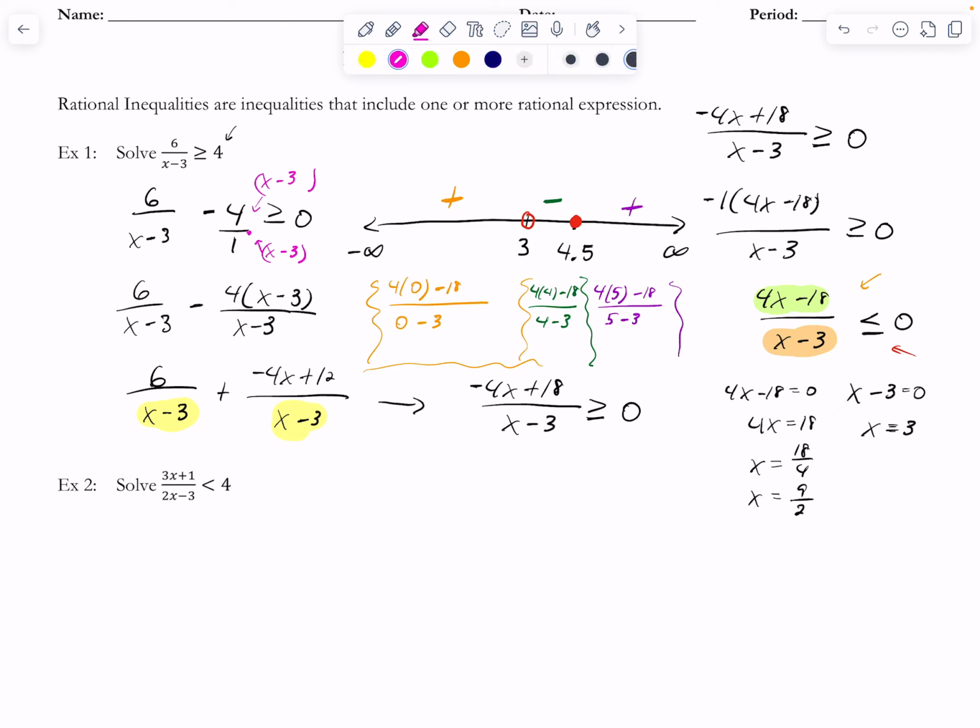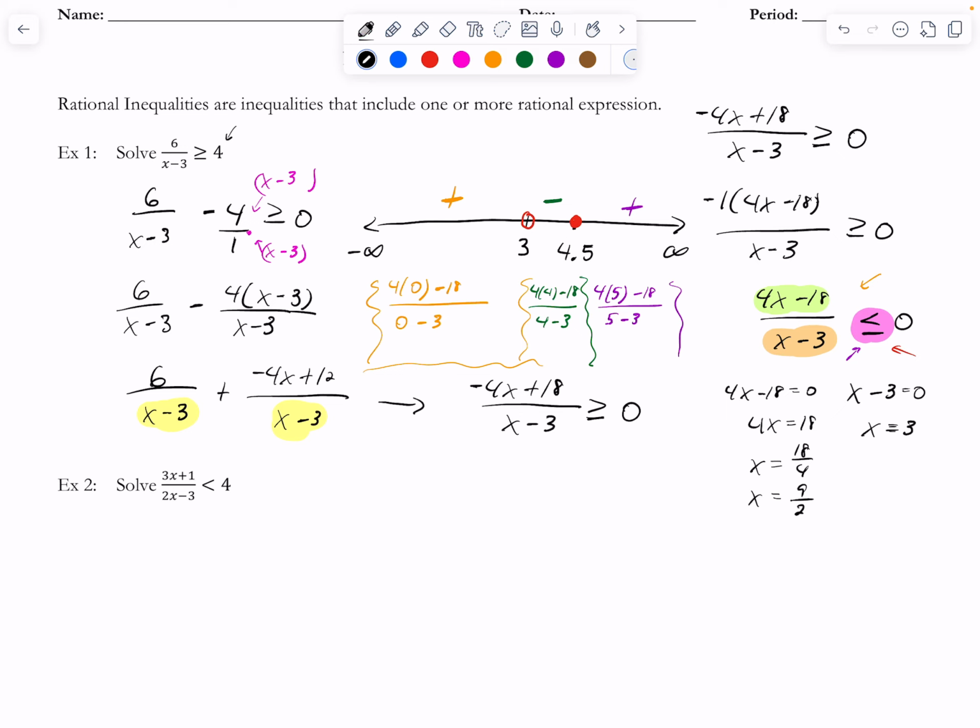Now, ultimately, to finish this question, I'm looking at what my symbol ended up becoming, which is less than or equal to 0. So I'll be looking at the signs that I wrote for the ones that are negative. There's only one, and because it does have or equal to, like we mentioned in the unit with polynomial inequalities, we have to make sure that if it does become 0, we include that.